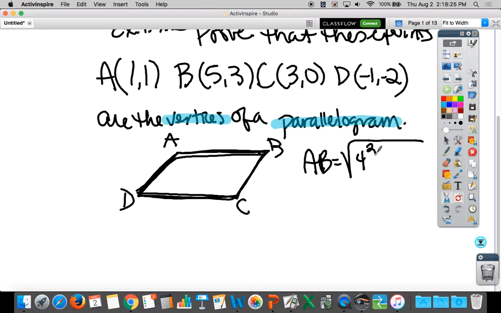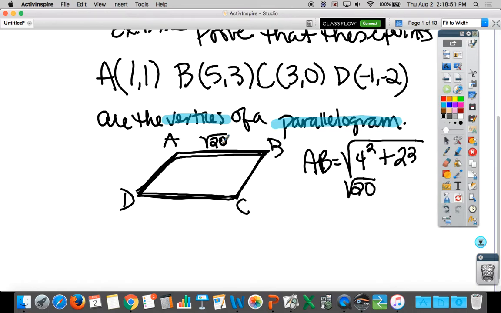On Pythagorean theorem, it's a squared plus b squared. So what's the difference in my y coordinates? 2. So 4 squared is 16, 2 squared is 4, so AB is the square root of 20, correct?